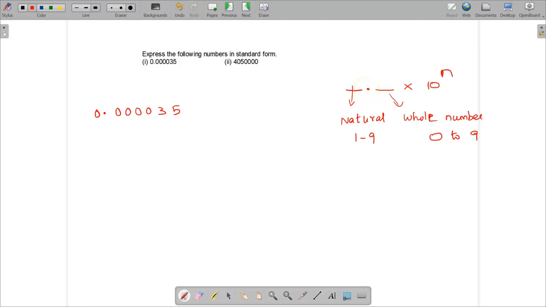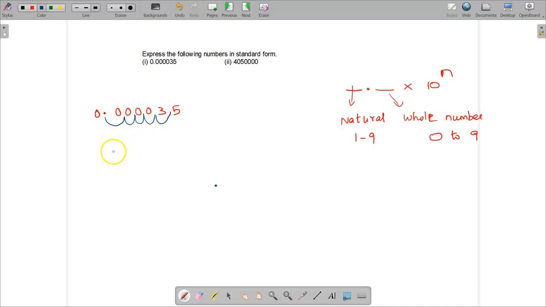How can we do that? Here this decimal point we have to move to the right. One time, second time, third time, fourth time, fifth time it has been moved to the right.